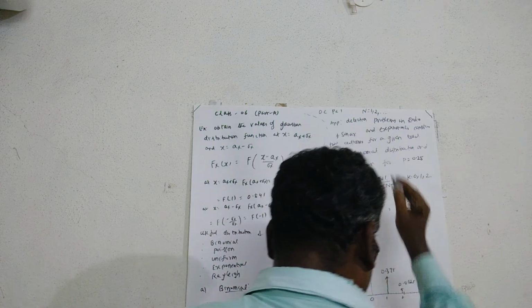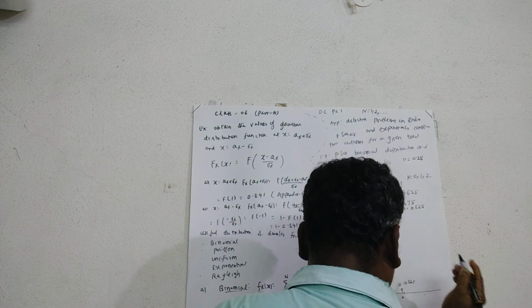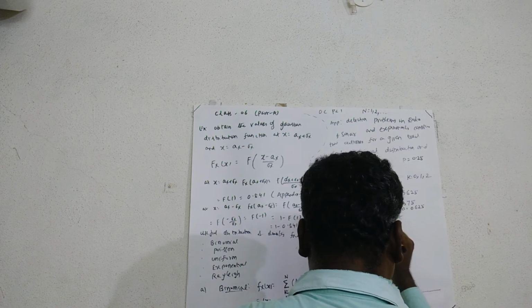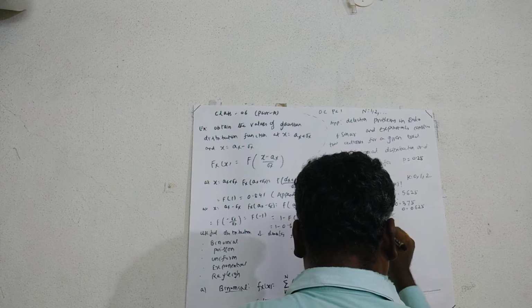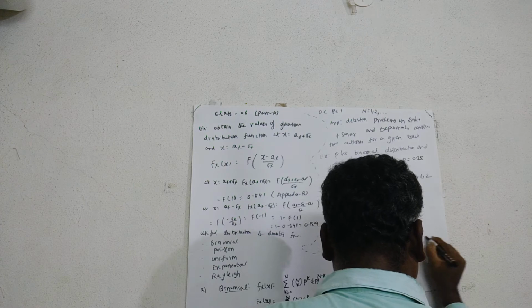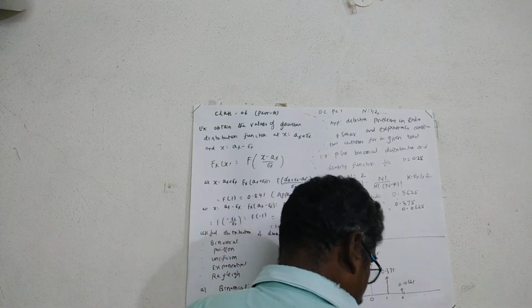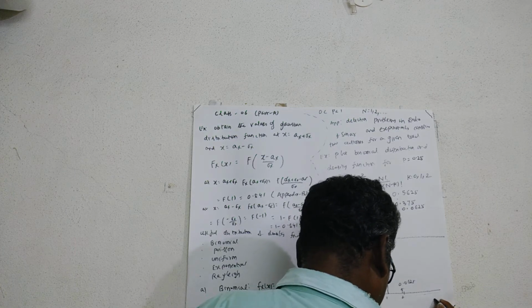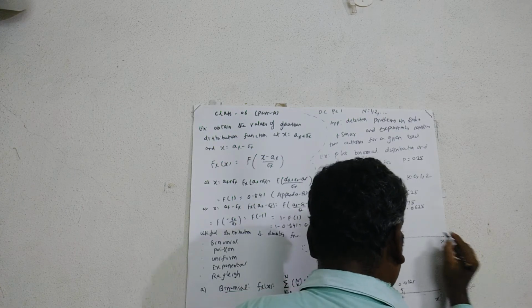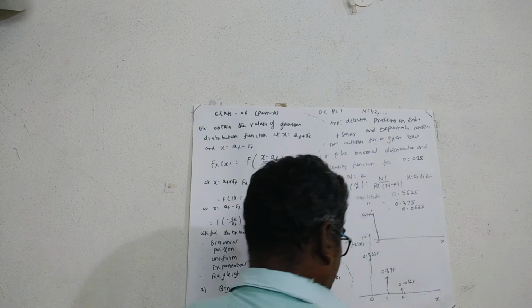If you were to project these, how do you get the distribution function? Here the axes are x and Fx of x.